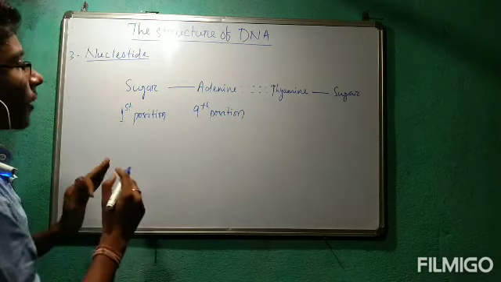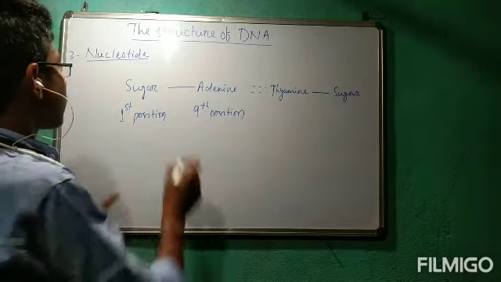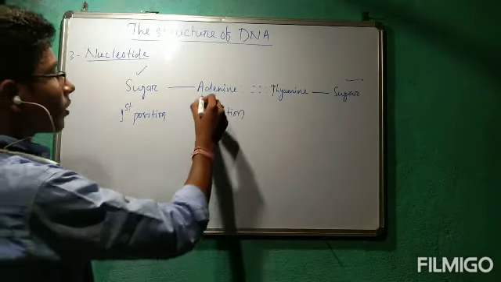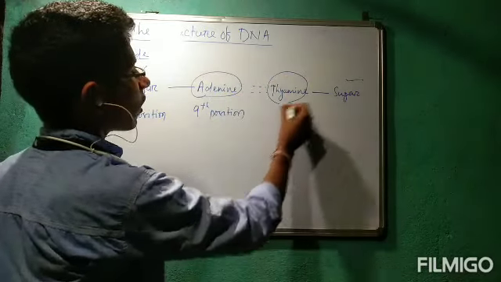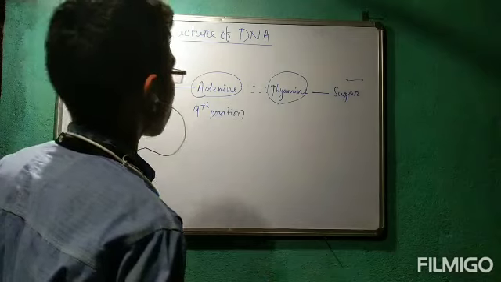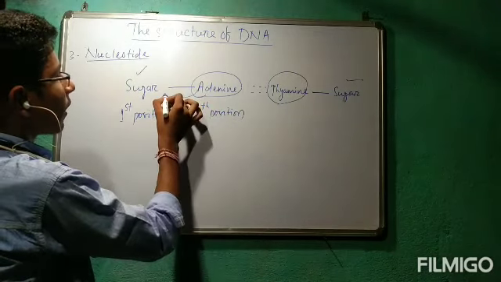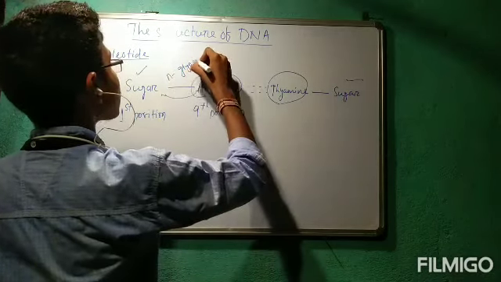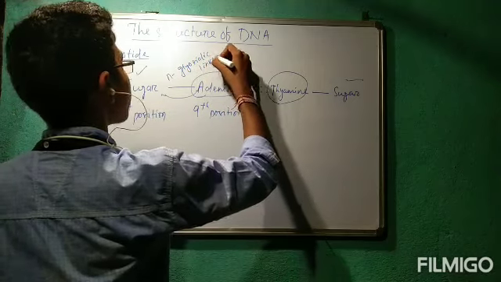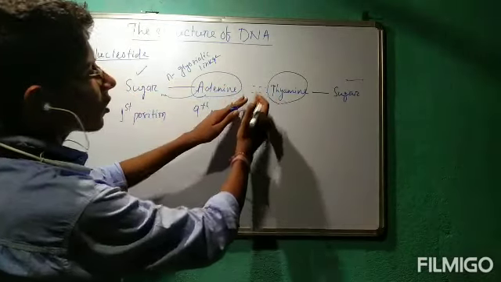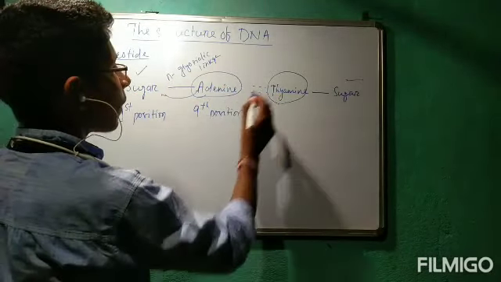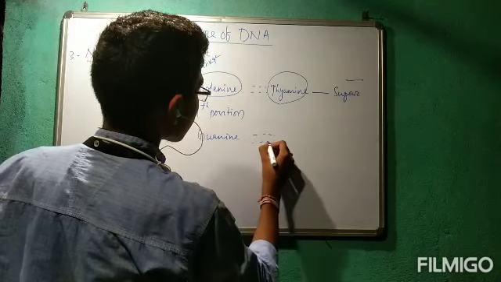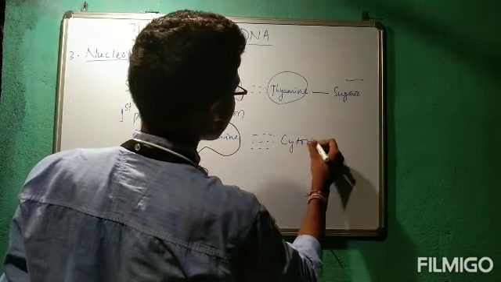In nucleotide, two parts are present: sugar, and the nitrogenous base, that is adenine, thymine, guanine, cytosine, or ATGC. It is connected by N-glycosidic linkage, and the two nitrogenous bases are connected to each other by hydrogen bonds. A is connected with T by double hydrogen bond, but G, that means guanine, is connected with cytosine by three hydrogen bonds.